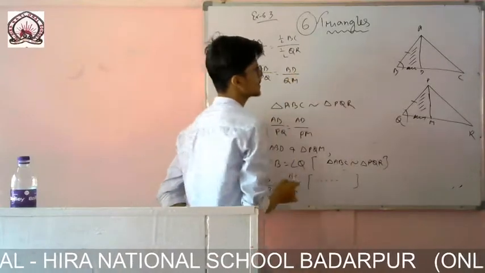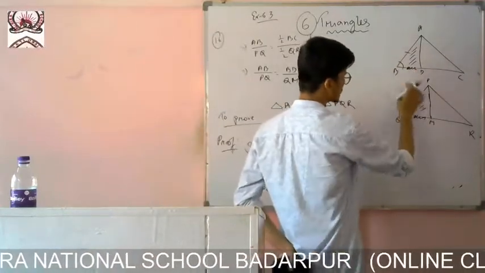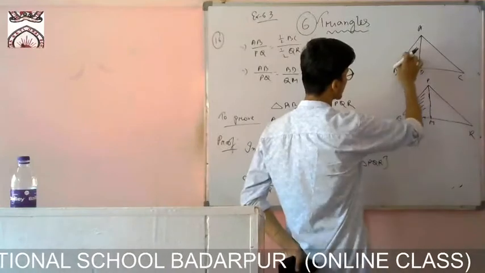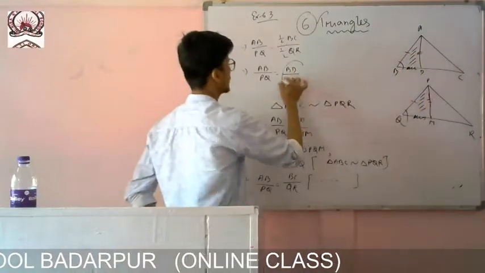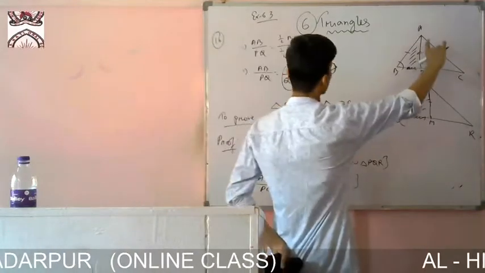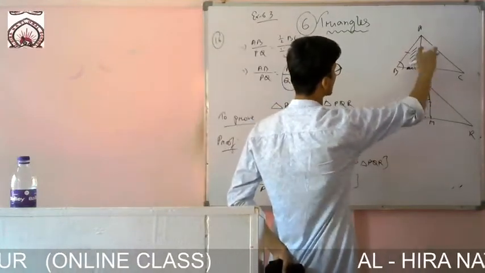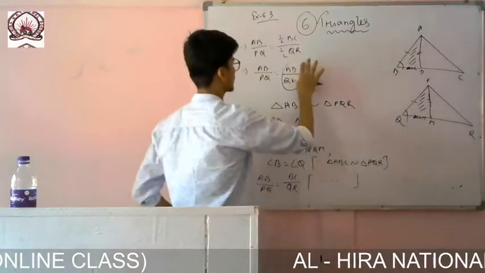So now what we have shown is one angle is equal and the ratio of these two sides is equal.